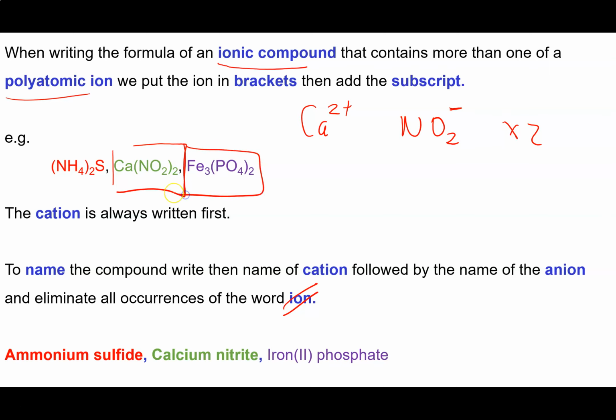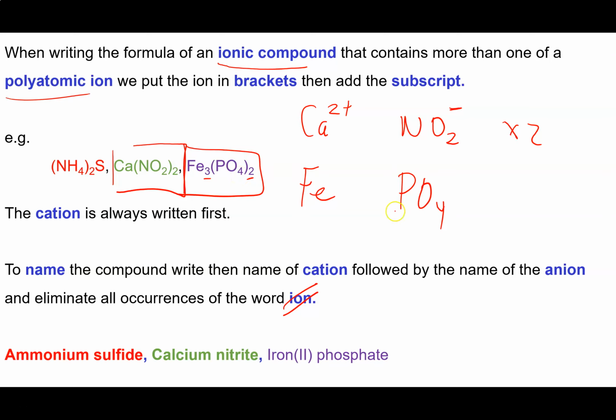Now when I move over to this compound, it's a little bit more complicated. I've got iron there, and I know that iron will commonly form either a 3+ or a 2+. And then I've got this guy here, and I'm wondering what the charge is. Now I know that these guys have different charges because they're not combining in a 1-to-1 ratio.